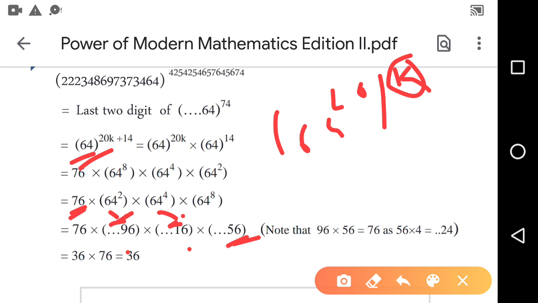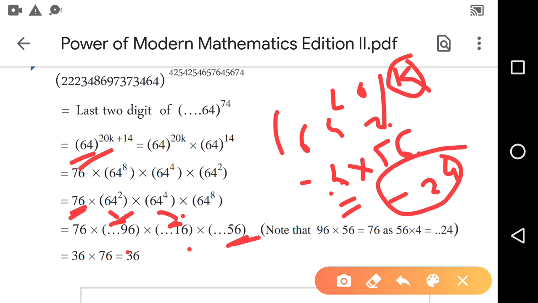Now, friends, 96 into 56 ends with minus 4 into 56, that is minus 24, and minus 24 is nothing but 76.